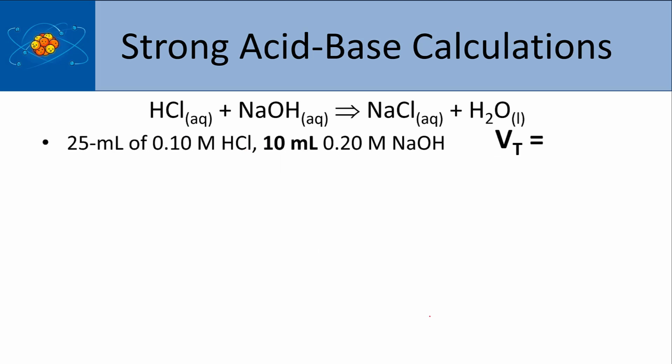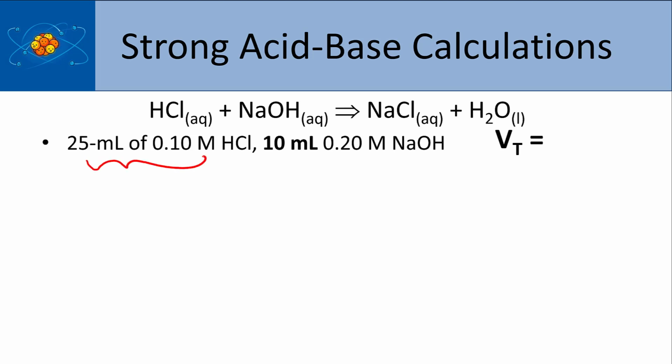Now we have our first limiting reactant problem. I'm going to show you how you might do this without an ice table for strong acids and bases, and then I'll show you how you can use something like an ice table to do the calculation. But this is normally how I would do it.